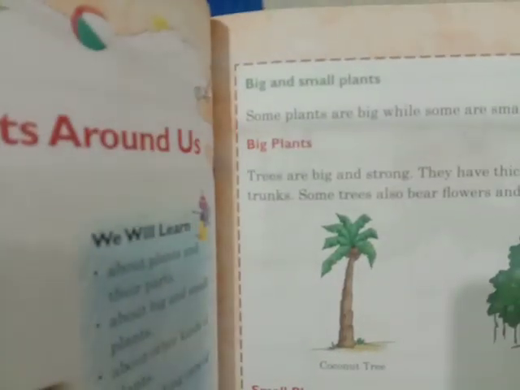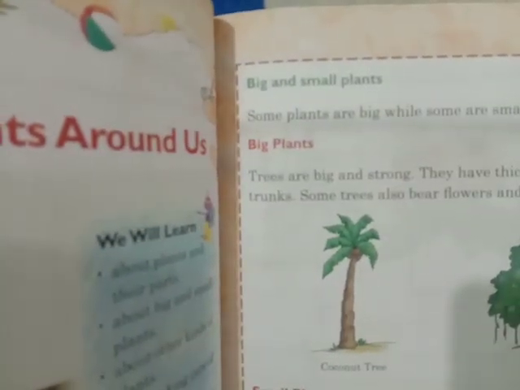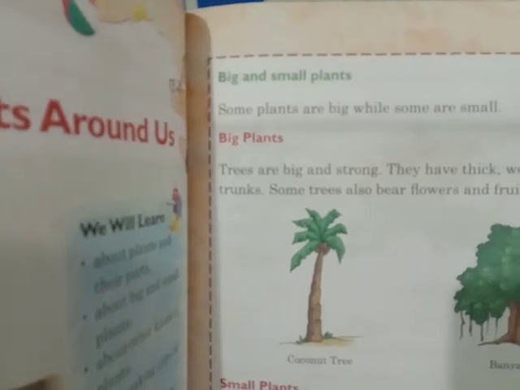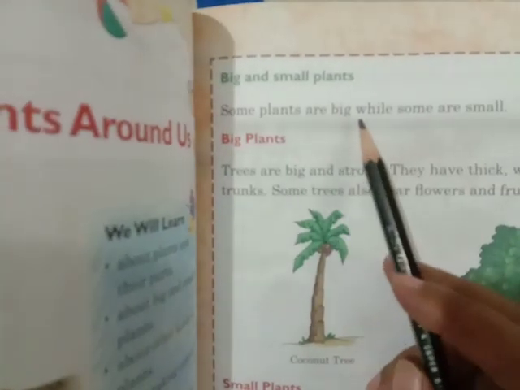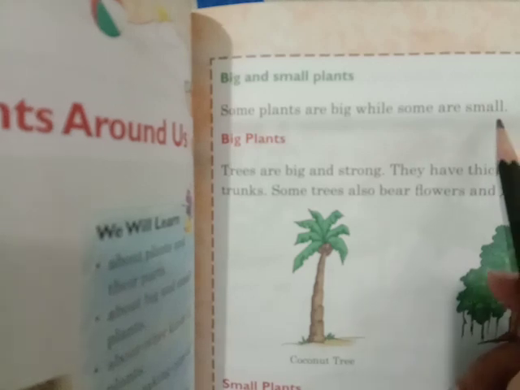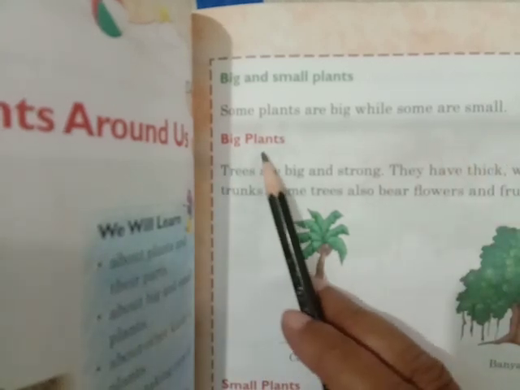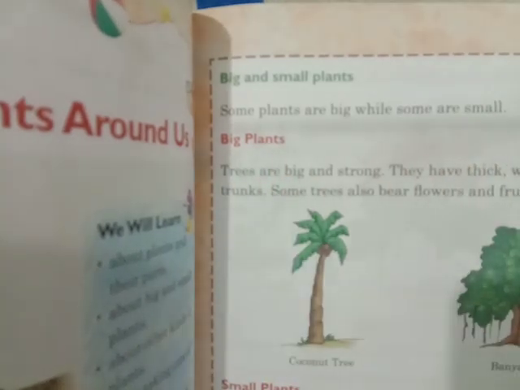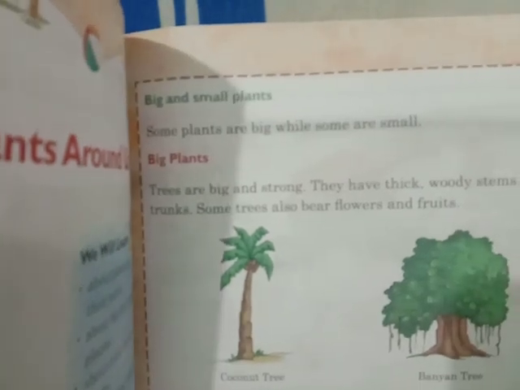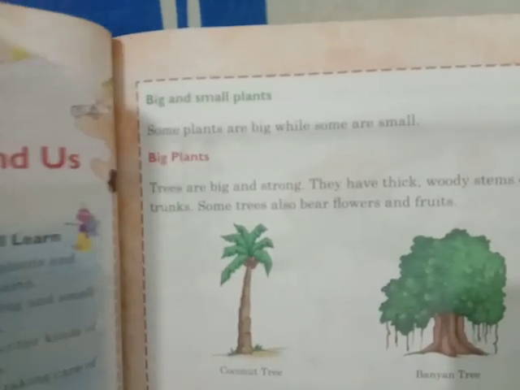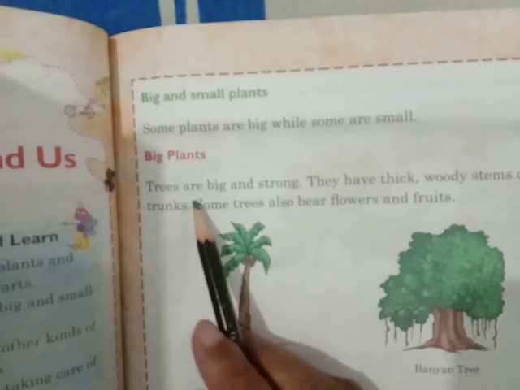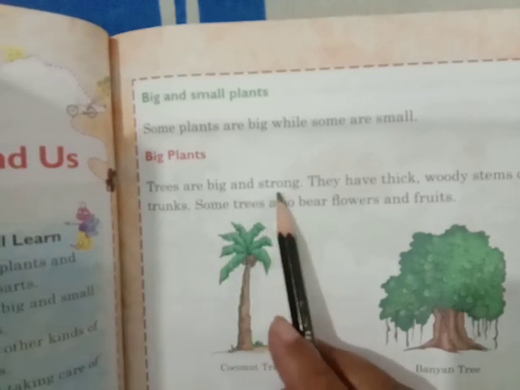Now there are big and small plants. Some plants are big while some are small. Big plants. You know, children, big plants are known as trees. Trees are big and strong.